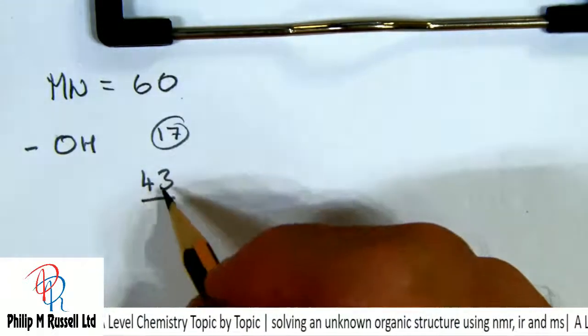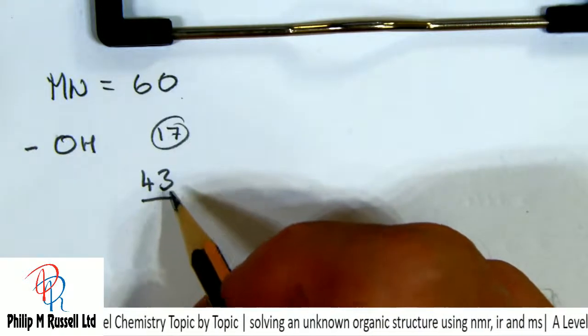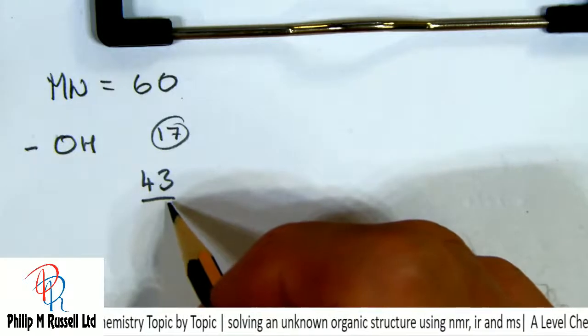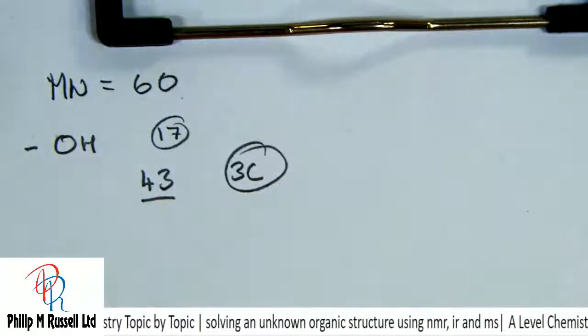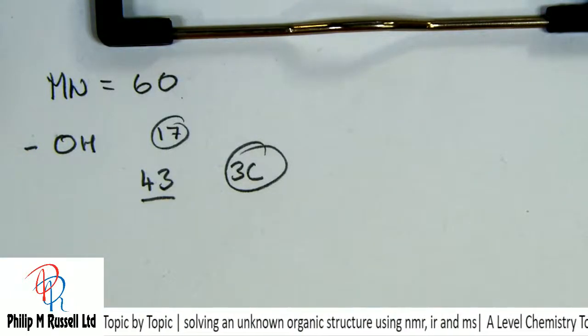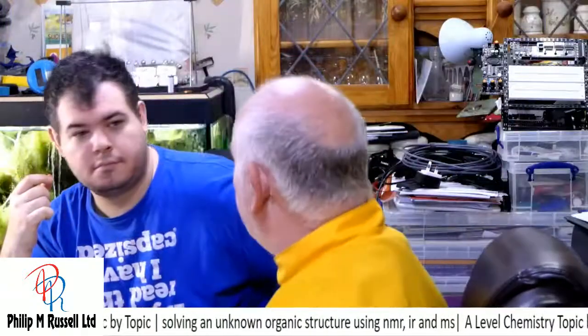Now, if that's 43, that's going to suggest how many carbons it's going to have. I would guess 3, because 3 carbons is a good place to start. 3 carbons is 36.